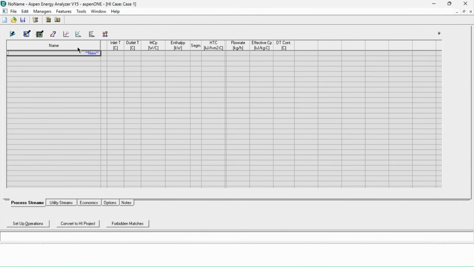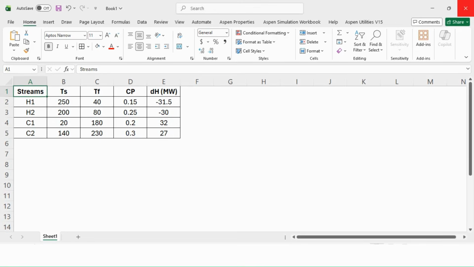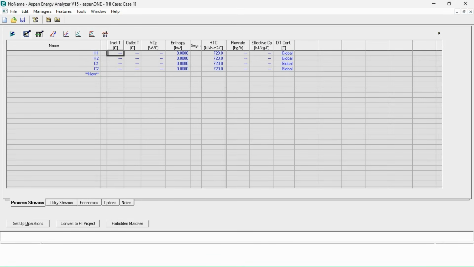So coming to Aspen Energy Analyzer, we will start by entering our process streams. We have two hot streams that need cooling and two cold streams that need heating. So H1, H2, we will use this nomenclature C1 and C2, and from Excel we have already this data, so we will copy it and directly paste it.